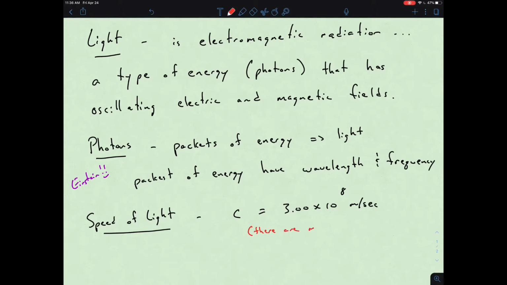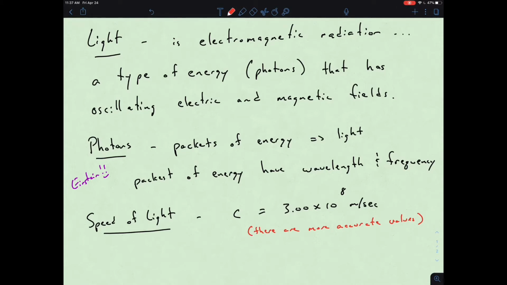There are more accurate values than I'm displaying currently here, 2.998 times 10 to the 8th meters per second. But just for lecture's sake, keeping it simple.